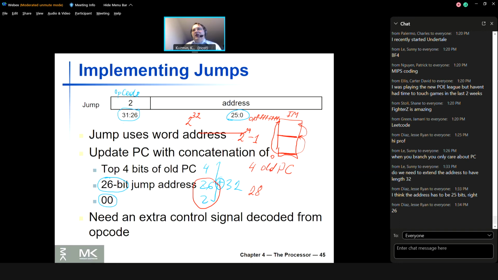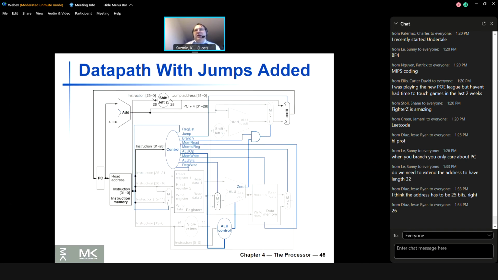So with an additional jump, you can jump to any location in the addressable memory. So it's a minor inconvenience. It's a compromise.